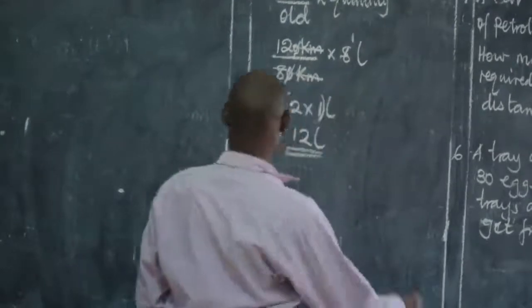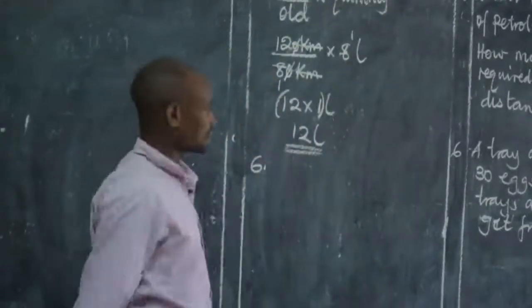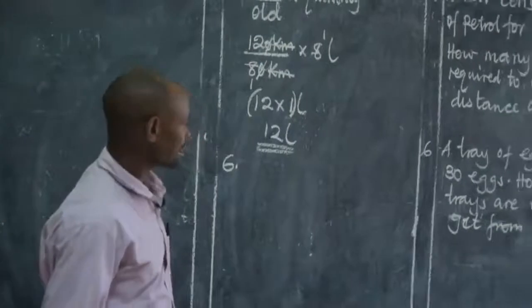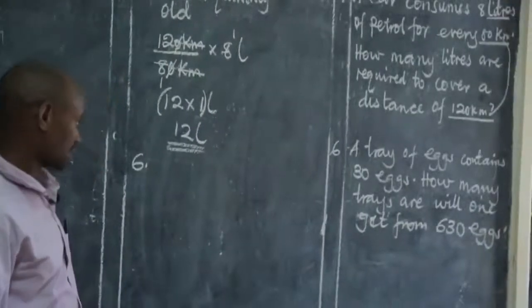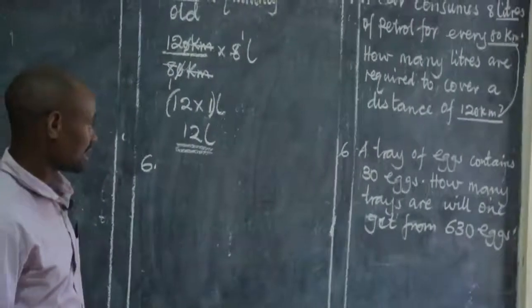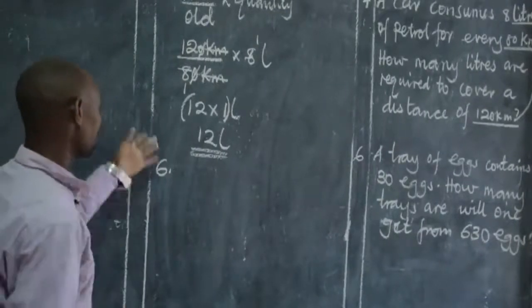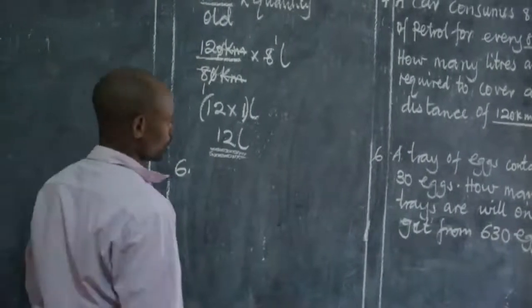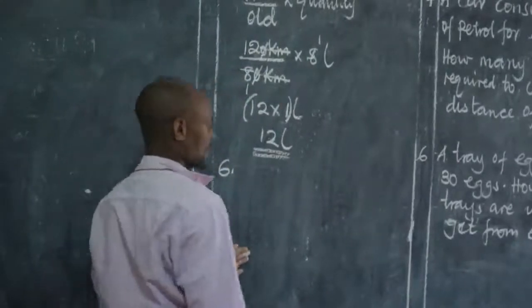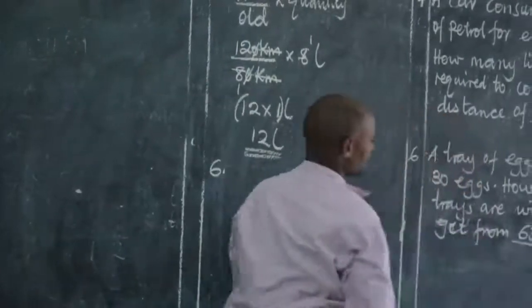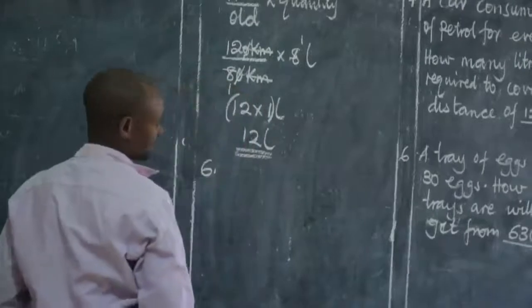And we have also number 6. A tray of eggs contains 30 eggs. How many trays will one get from 630 eggs? If we are using the same method, new, we are looking for the number of trays in how many eggs? 630.